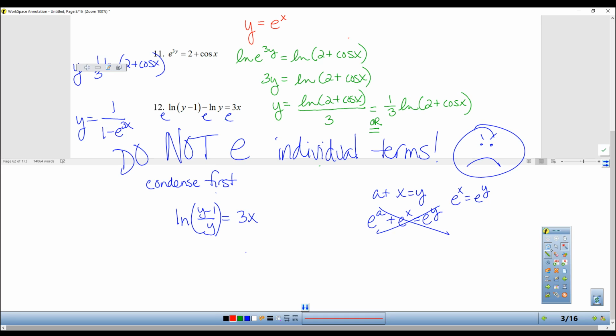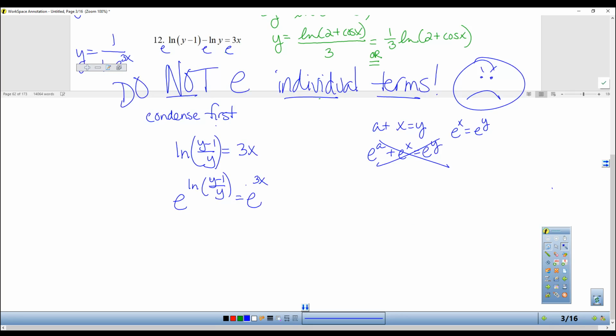A lot of times I just add the e, which is probably what you're going to do. E to the ln of y minus 1 over y is equal to e to the 3x. So I can do it to both sides, but not individual terms. On this side, I'm left with y minus 1 over y is equal to e to the 3x.